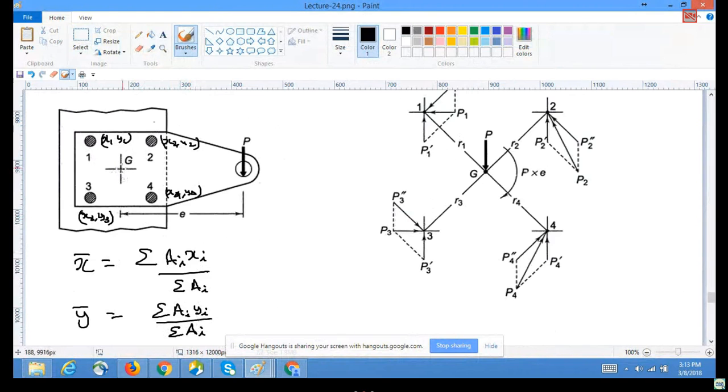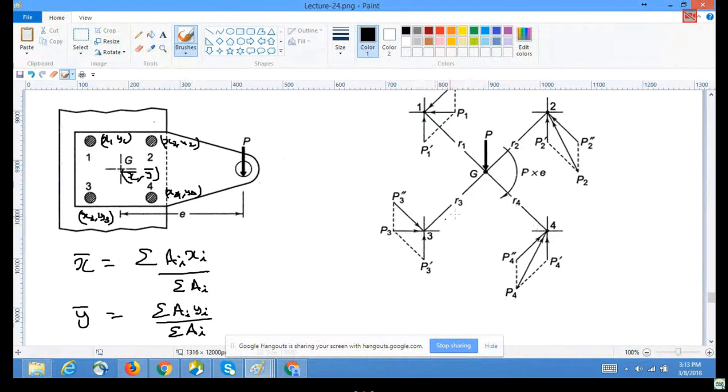Once you know this x bar, y bar, from the center, if you try to measure the distance from here to here, it is R1. This distance is R2.